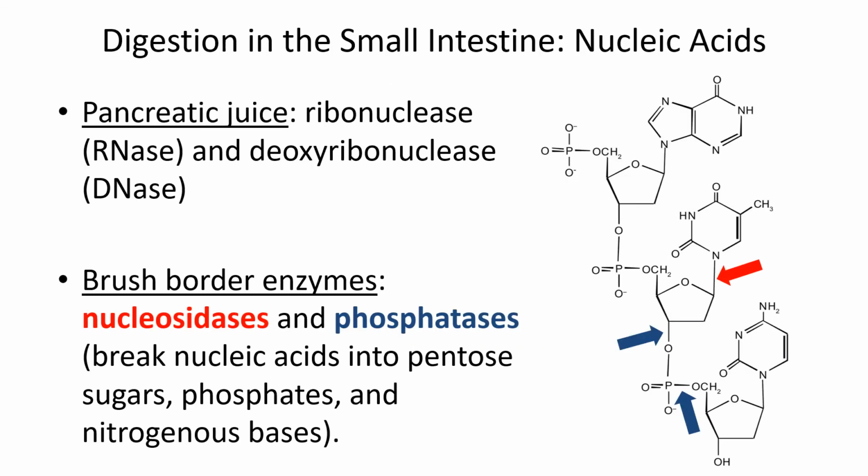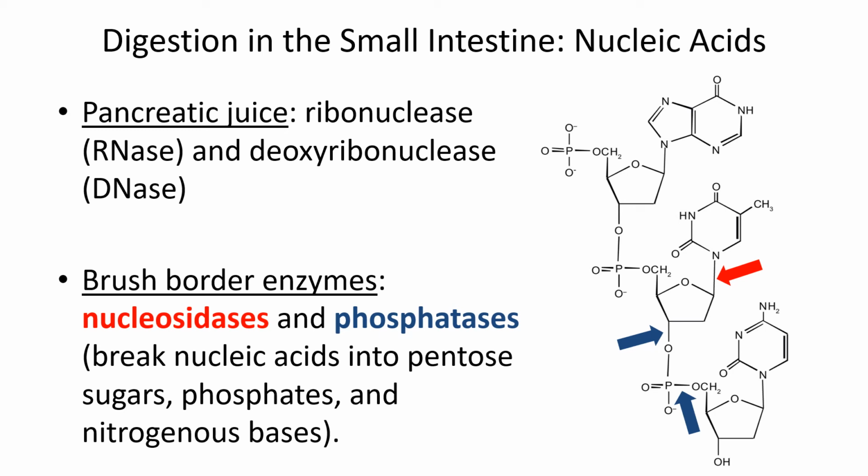Compared to other macromolecules, the nucleic acids are rather delicate. They're fairly easy to break down, especially RNA. Within the lumen of the small intestine, we have RNAs and DNAs, which will basically pull nucleotides off the ends of these molecules.